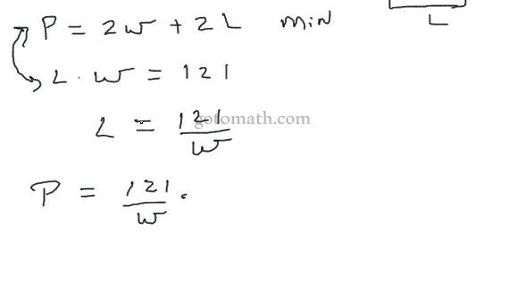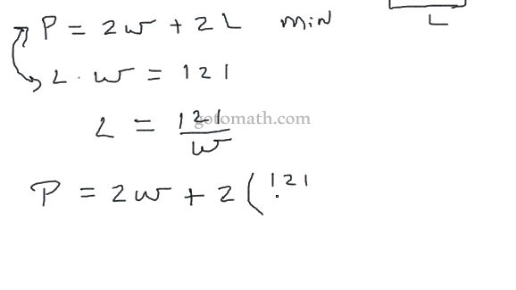Let me back up. We have 2W plus 2L, and this is our L, I'll put it in parentheses, 121 over W. That's going to be 242.